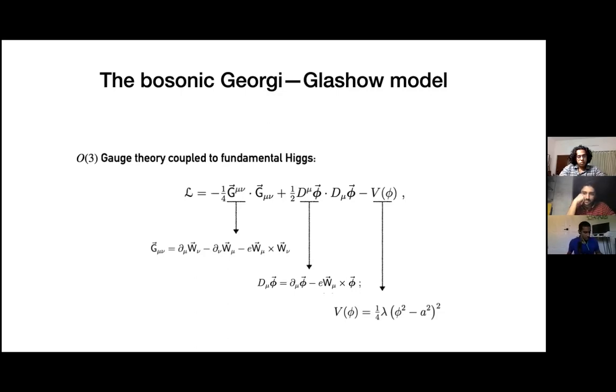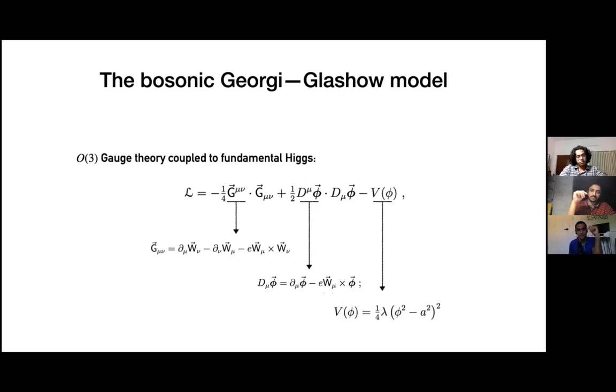The alternative is you take SU(2) as the gauge group, and then you have a triplet Higgs. So the Higgs is in the adjoint representation. But here you could just have a fundamental Higgs, and you can visualize everything that's happening in the internal space pretty easily, because it's like O(3) as we're used to.